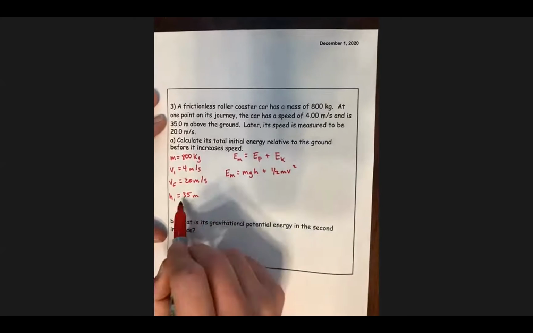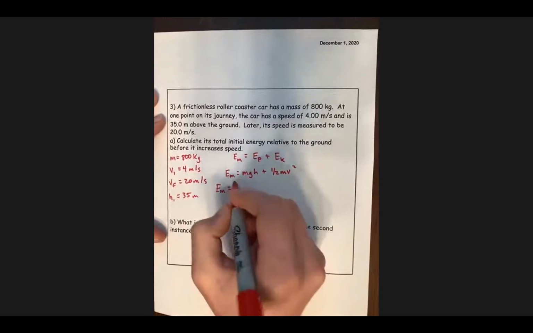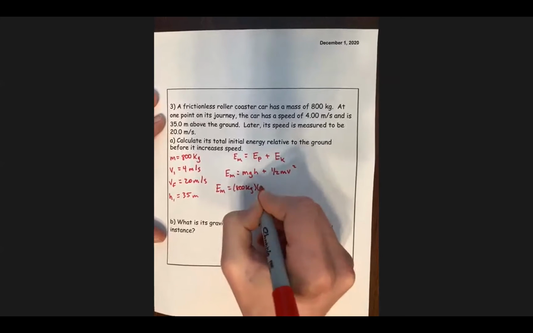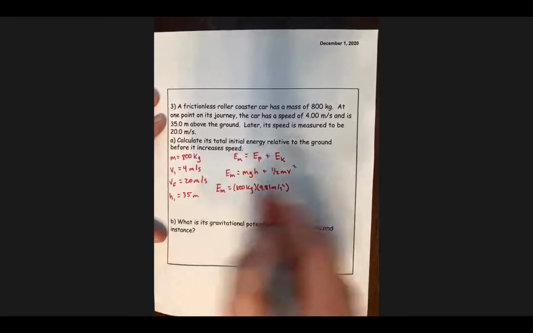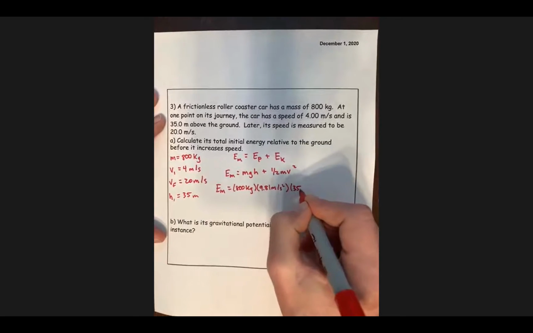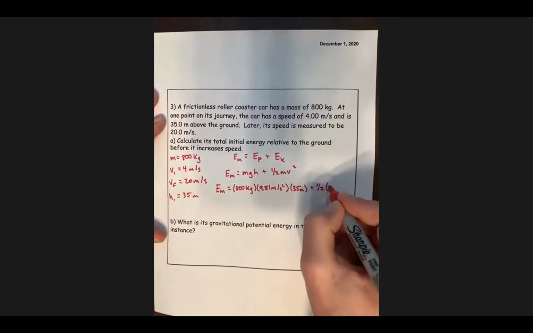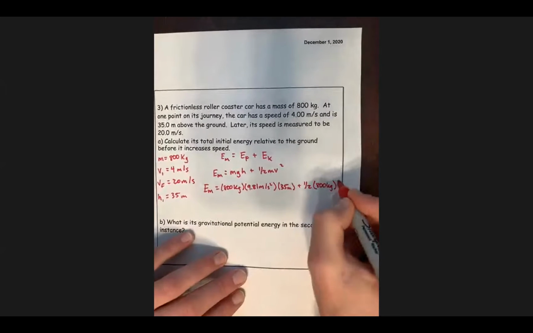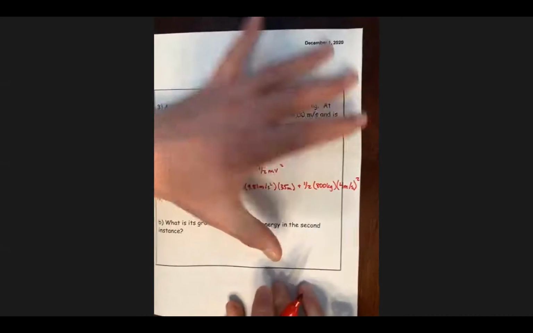We know m, we know h, and we know v, so we can just substitute those in. So mass, 800 kilograms, g, 9.81 meters per second squared. Our height at point 1 is 35 meters, plus 1 over 2 multiplied by the mass, multiplied by the initial velocity, 4 meters per second, and that is squared.